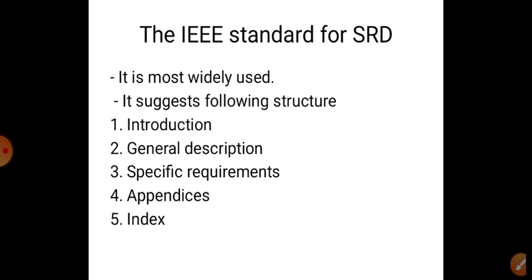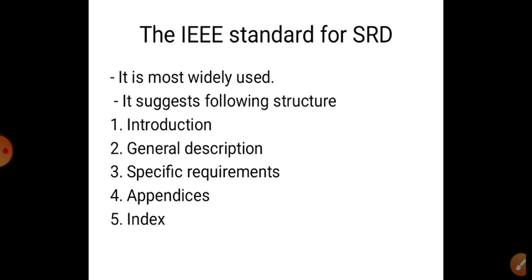The general description gives overall details about the system being developed. 3rd, the specific requirements tell about the particular requirements related to the system being developed.